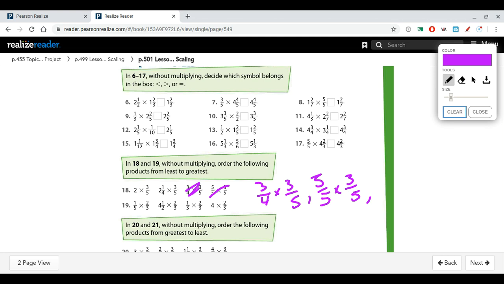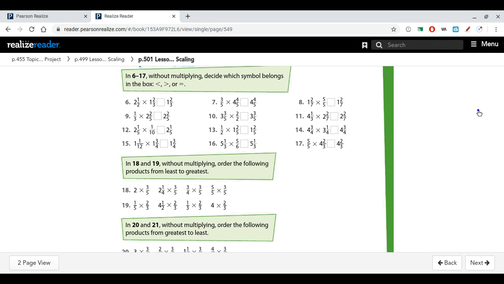So notice again, least to greatest. Down here, it's going to be greatest to least. Just want to have you guys catch that so you don't do them all least to greatest. And then my next one is going to be 2 times 3/5, because 2 is my next largest factor. And then it's going to be 2 and 1/4 times 3/5. So there's my products in order from least to greatest.